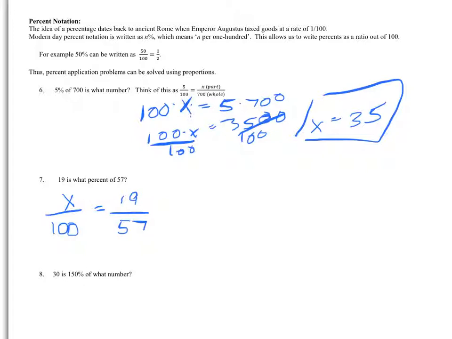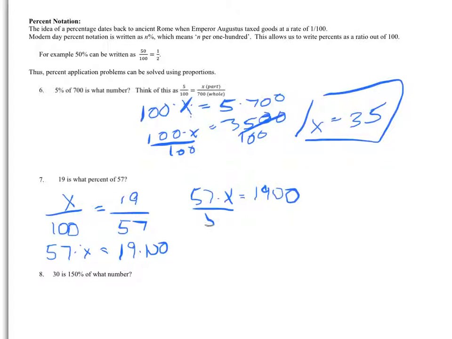We take our cross products and write 57 times x equals 19 times 100. Simplifying the right-hand side gives us 57 times x equals 1,900. Dividing by 57 gives x equal to, now this is not a whole number, but it is a fraction.